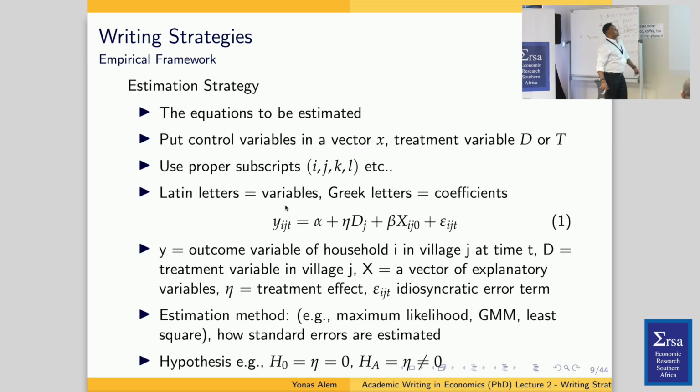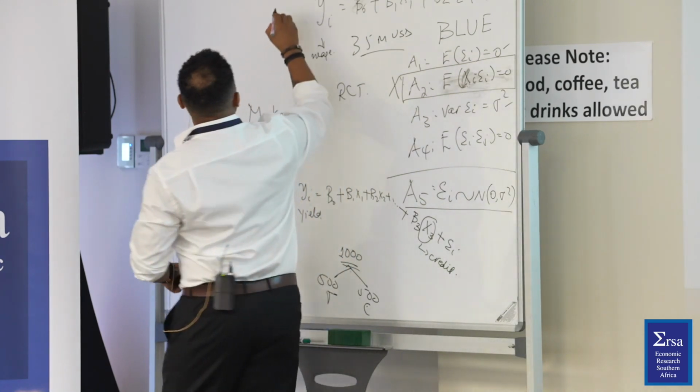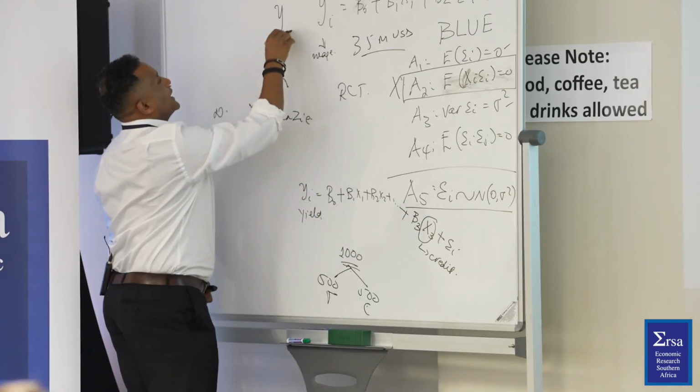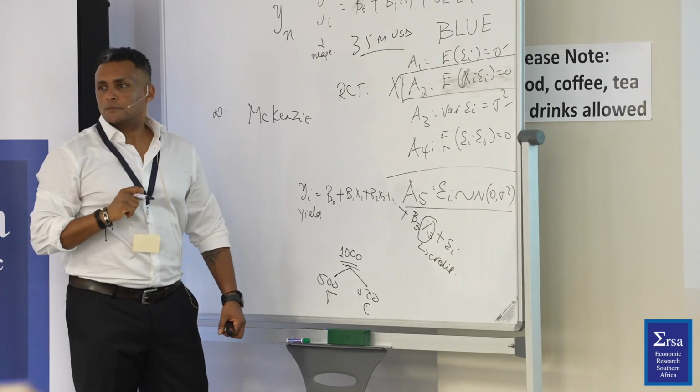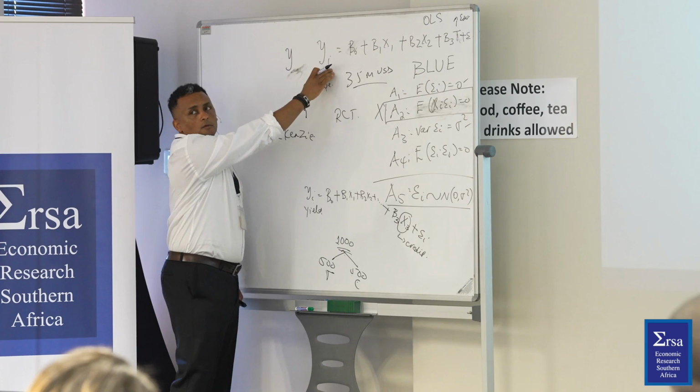So for the equations to be estimated, put control variables in vector X, and treatment variables usually D or T. Use proper subscripts: i, j, k, l, etc. Usually I use i, for example household i. It's not very common to use household n. So it's common to use i for household or enterprise observations.